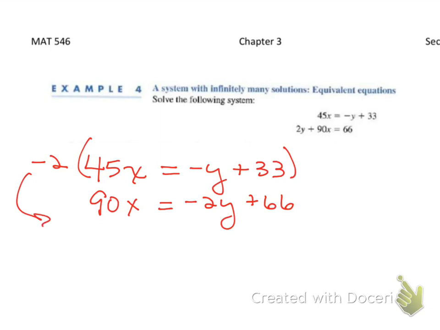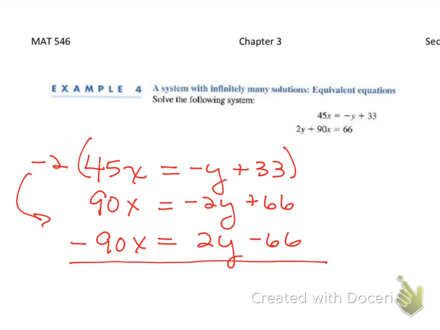I'm going to put it down below here. I end up getting negative 90x equals negative 2 times a negative y gives me a 2y, and then negative 2 times 33 is a negative 66. All right, what's going on here?